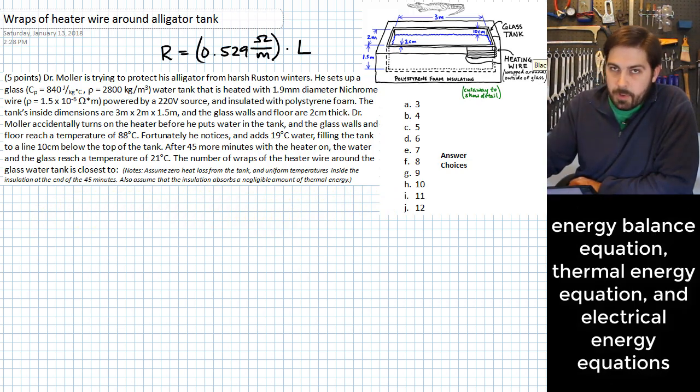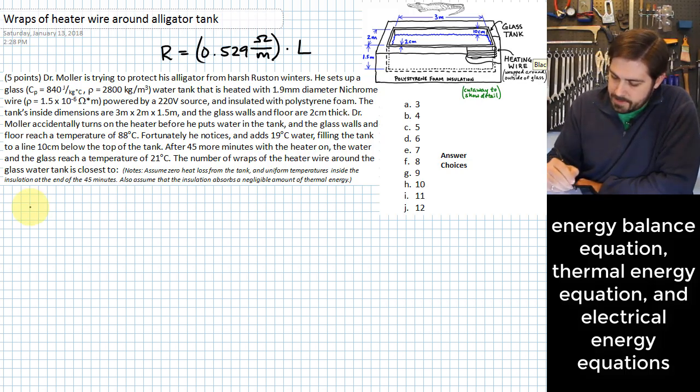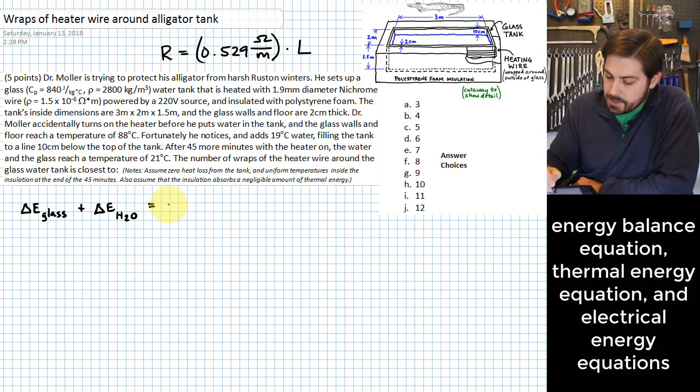All right, so the next part of this problem is to think about the energy balances. And this part isn't really that hard. It's like many of the other problems we've done. The change in thermal energy for the glass plus the change in thermal energy for the water is going to be equal to the change in thermal energy overall.